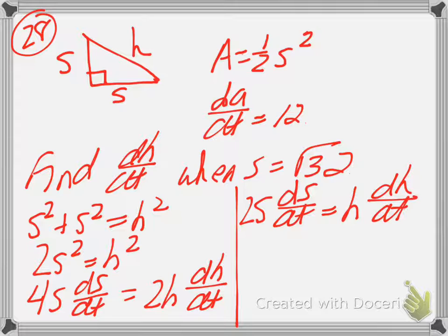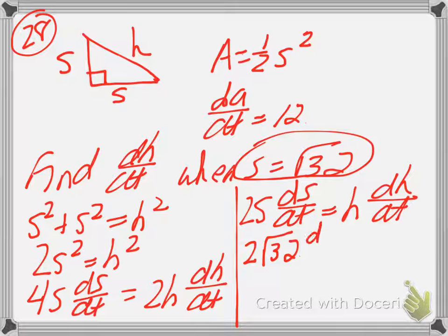And we get that. So we know that the side is going to be radical 32, so I'm going to replace s with radical 32. So we can just at least put in as much as we have. And that will give us that.